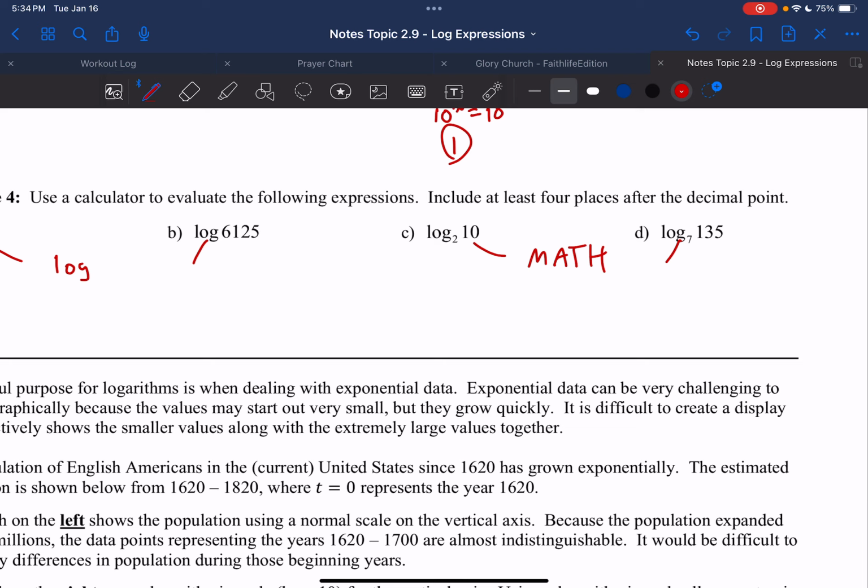Sorry. I know the app's somewhere. There we go. Come on, buddy. While I'm downloading the app, it should be Math. I cannot remember if it's log functions or not. I should have this pulled up. My bad, guys.